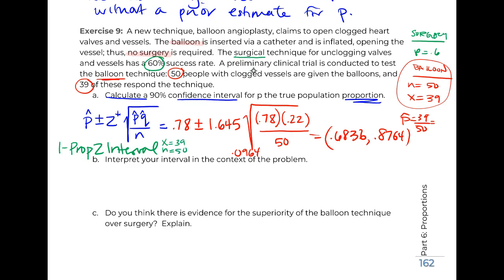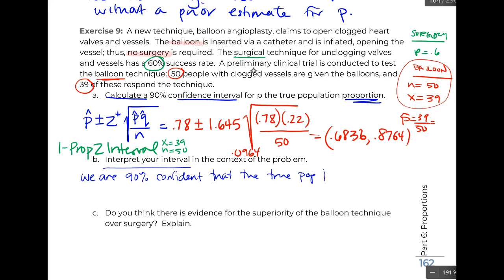So next thing we're going to do is interpret the interval. That is, we are 90% confident that the true population proportion, I'm lazy, I didn't want to write population, of, and then we need to talk about what our success was.